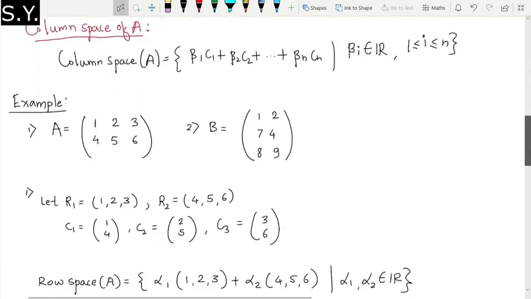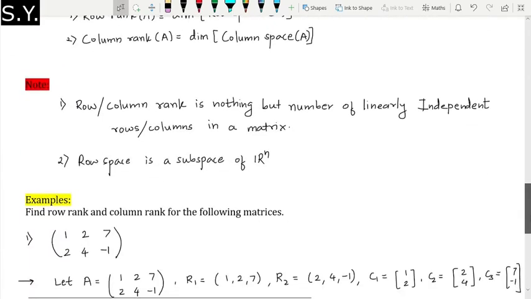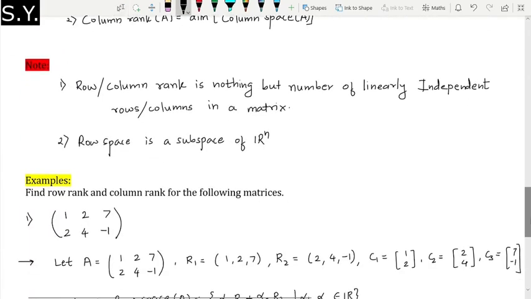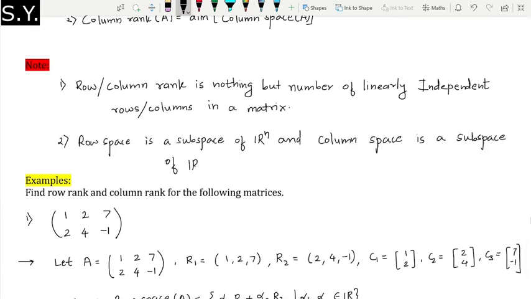Therefore column space will be a subspace of R raised to m. So row space of A is a subspace of R raised to n, and column space of A is a subspace of R raised to m. Just note one thing, A is a matrix of order m by n.